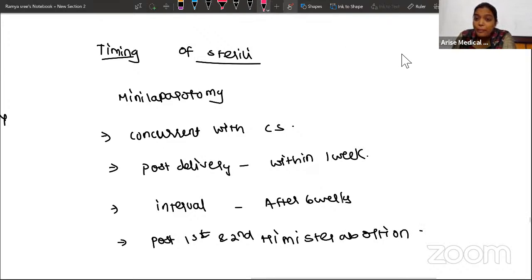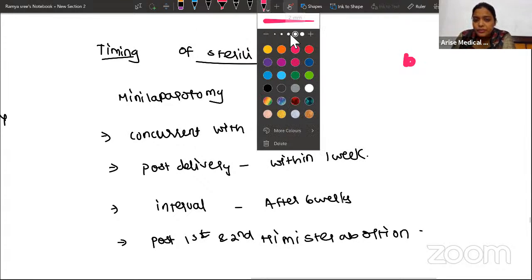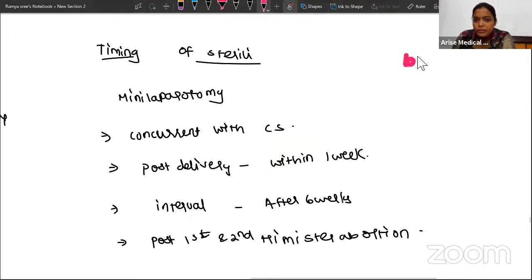Whereas laparoscopic tubal sterilization is done interval only.